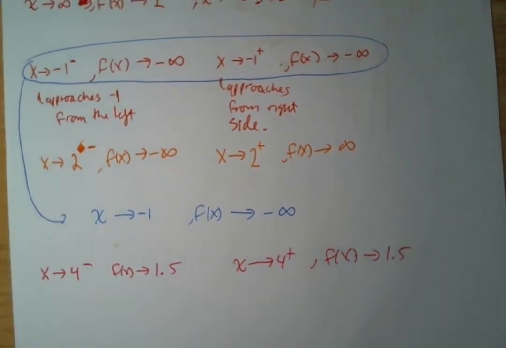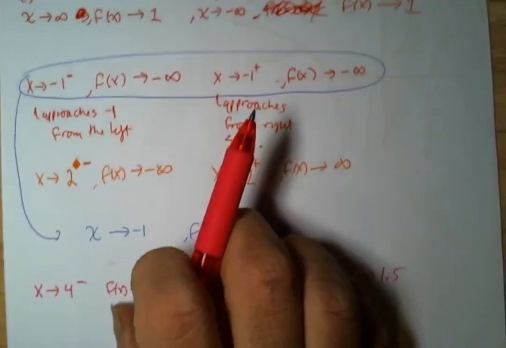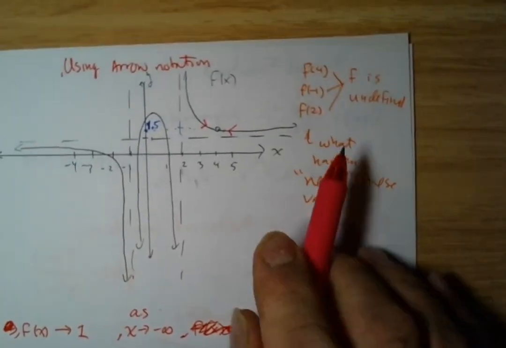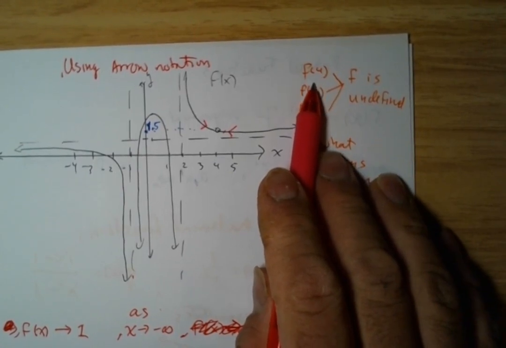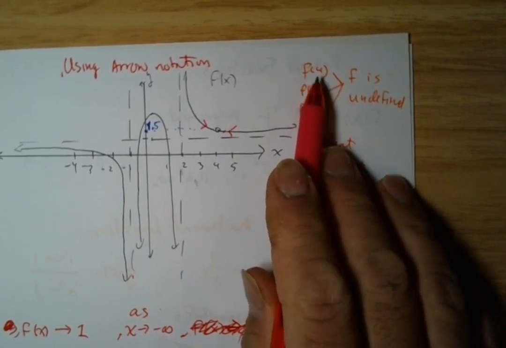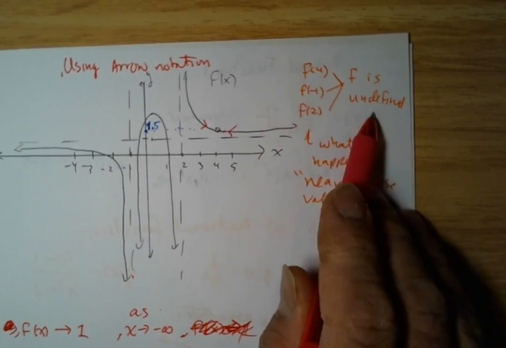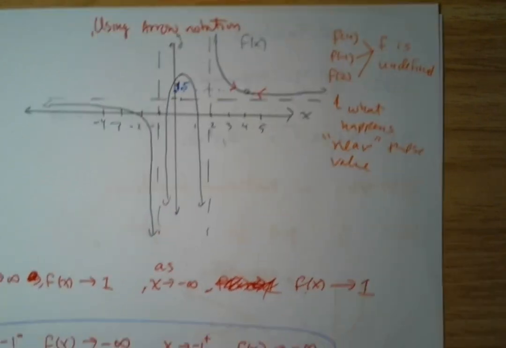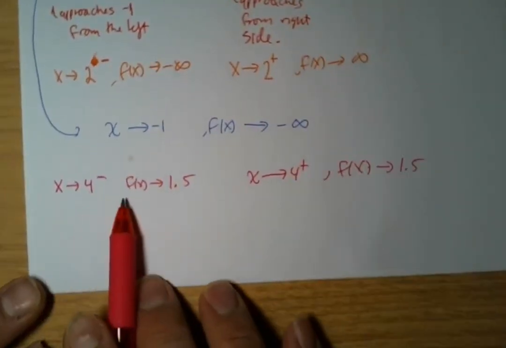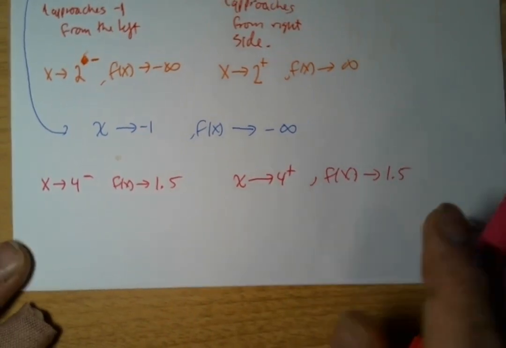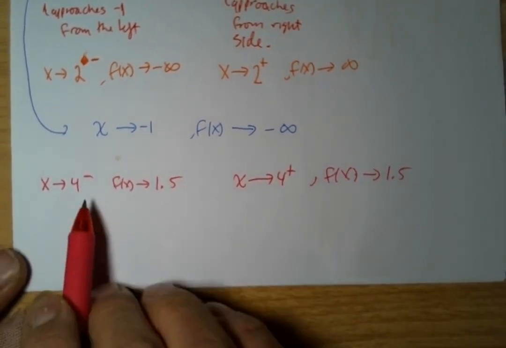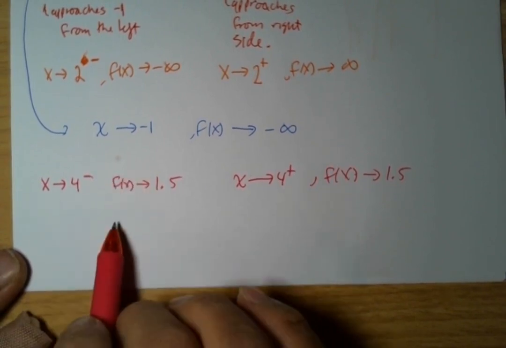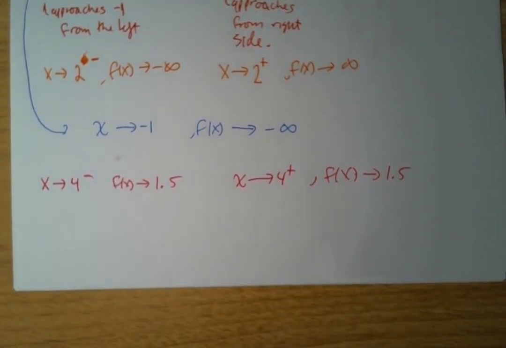Now, this is saying something very different than f of 4. I want to make this point clear. It's a big topic in calculus when we talk about these limits. I know what the function value is. That is undefined. This is not what this is describing. It's not describing the function value, because I know f of 4 is undefined, but values that are near 4 are approaching this value, 1.5.